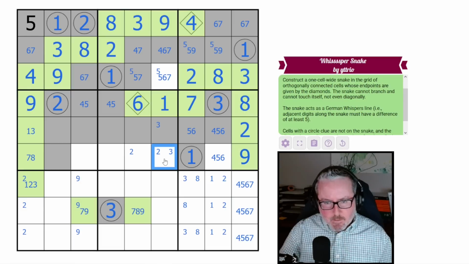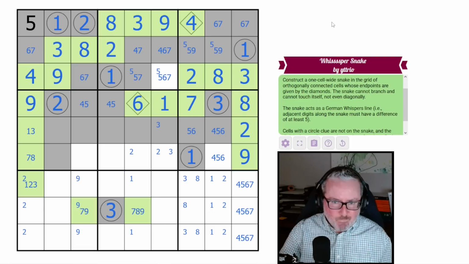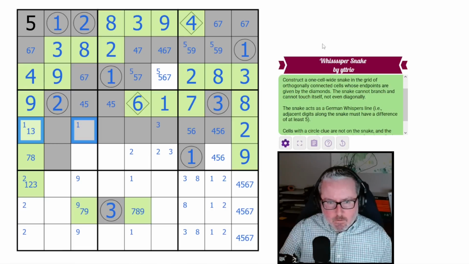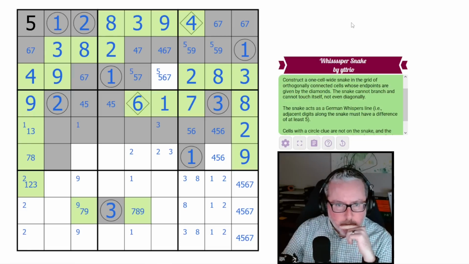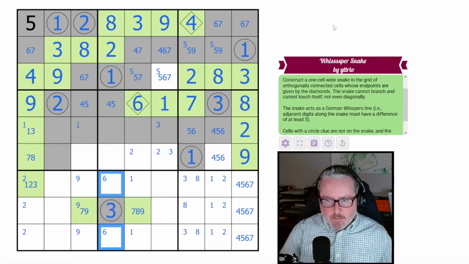I don't think this can ever be snake, but I don't know that that's useful for us. One of these is a 1, by the way. Just kind of randomly looking around, see if anything pops its head out here. The 6 has to go in one of these two.